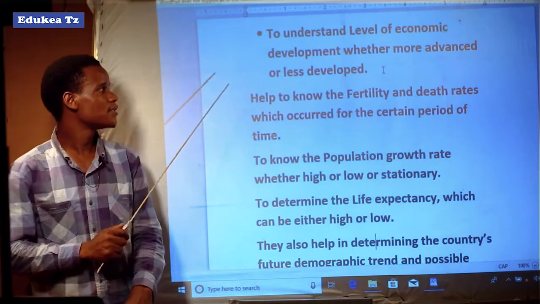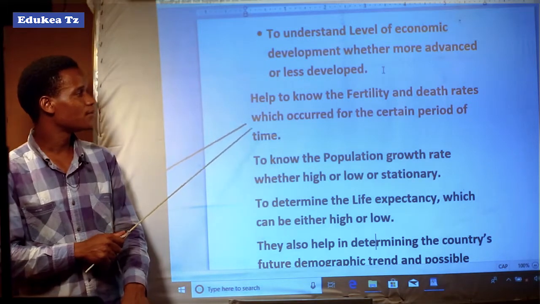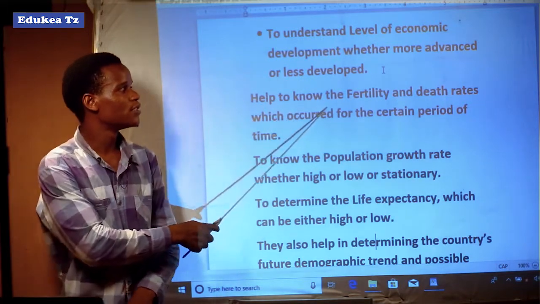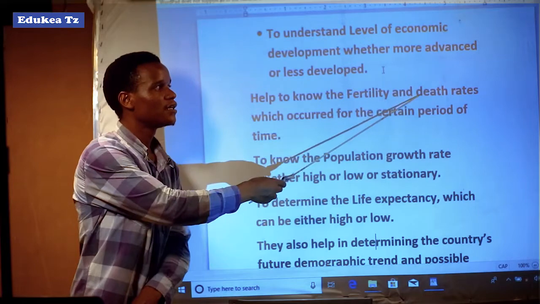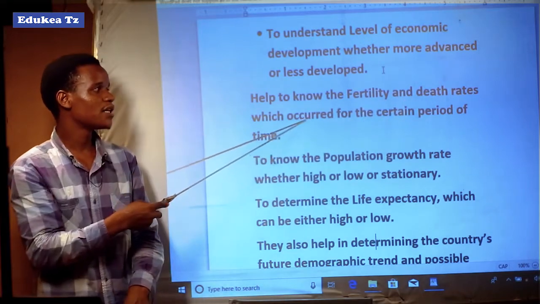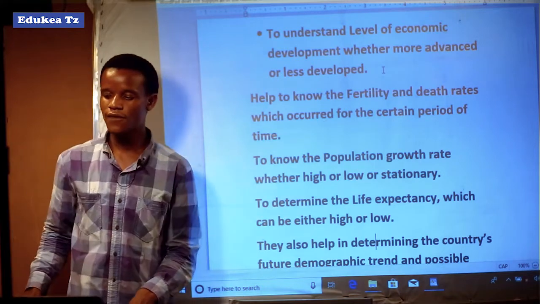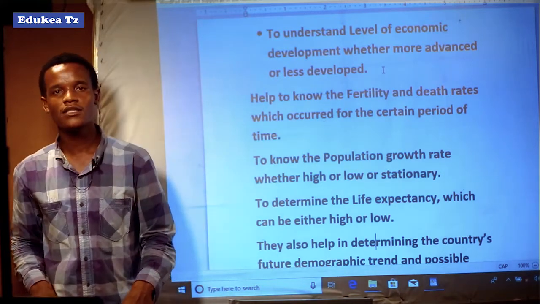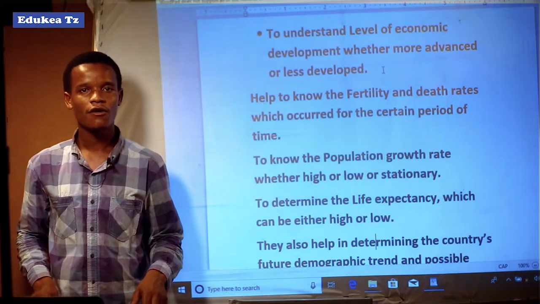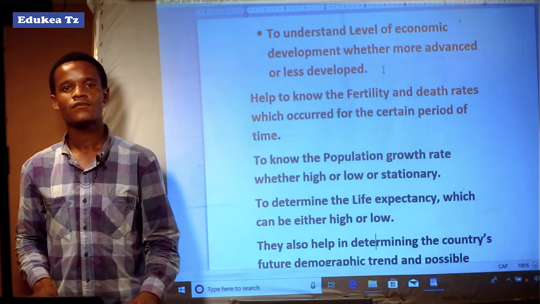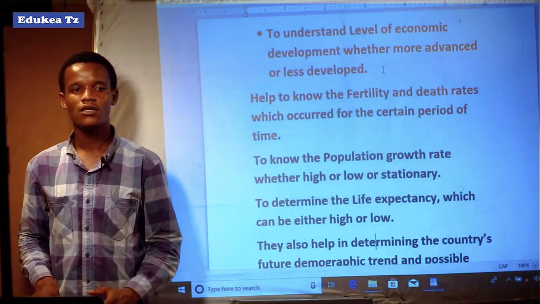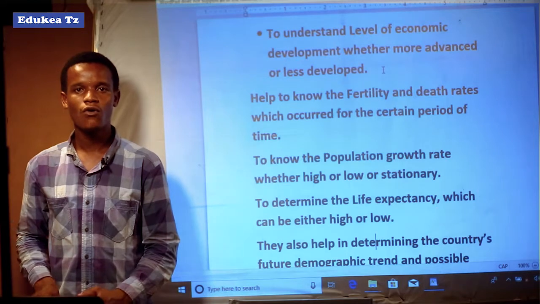Another importance is that it helps to know the fertility and death rate that occurred in a certain period of time. For example, after taking data during the census, they know the number of people who died that year and the number of people who were born in that period.